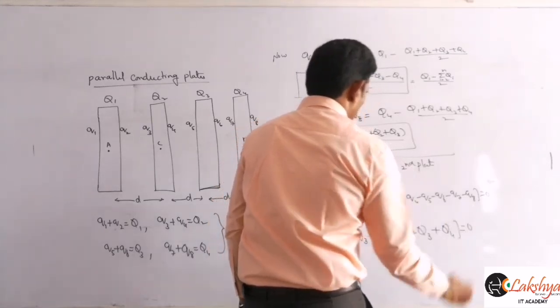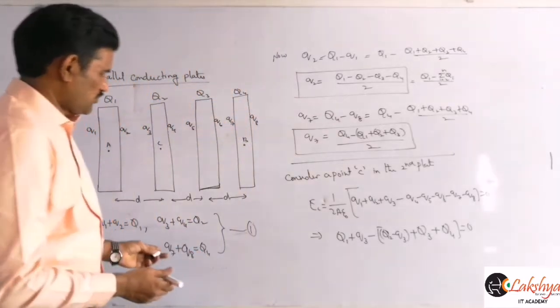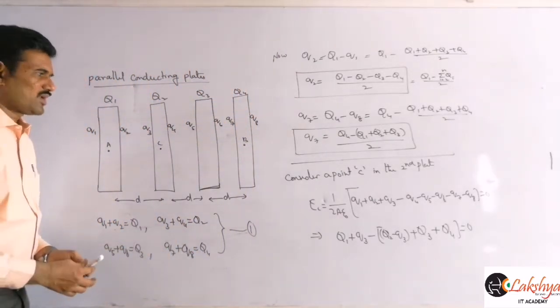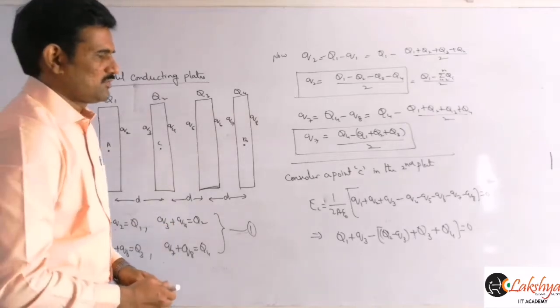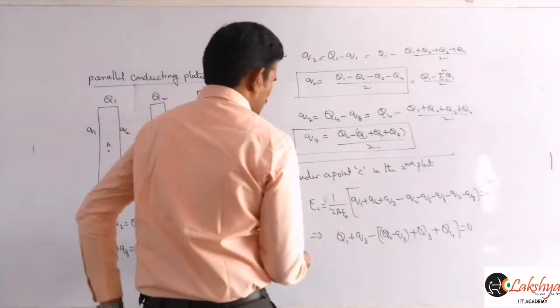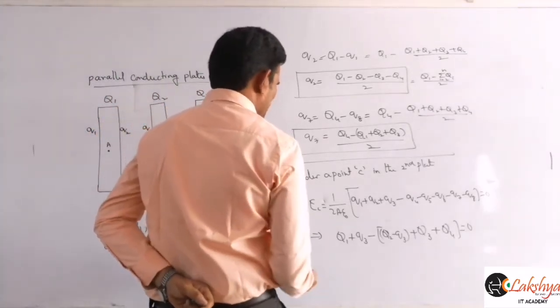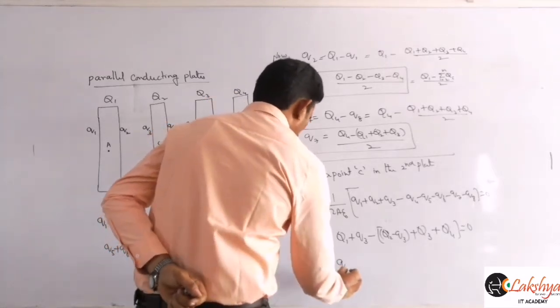This is equal to 0, right? Just again we are using these relations here. So Q4 I am eliminating there. This Q4 I can write as Q2 minus Q3, right? And so therefore I can write this as, so from this let us write this Q3 value here.